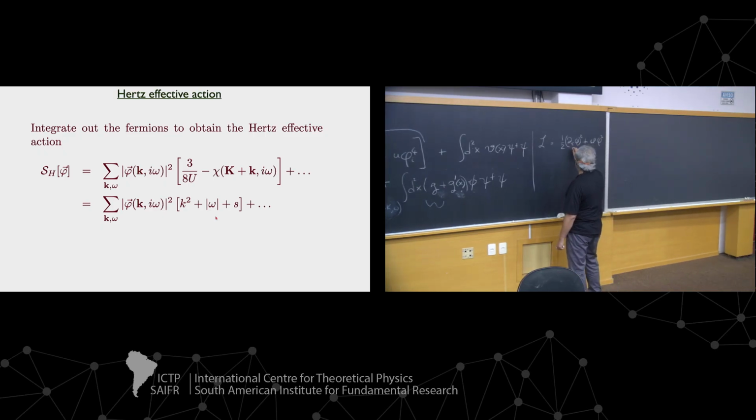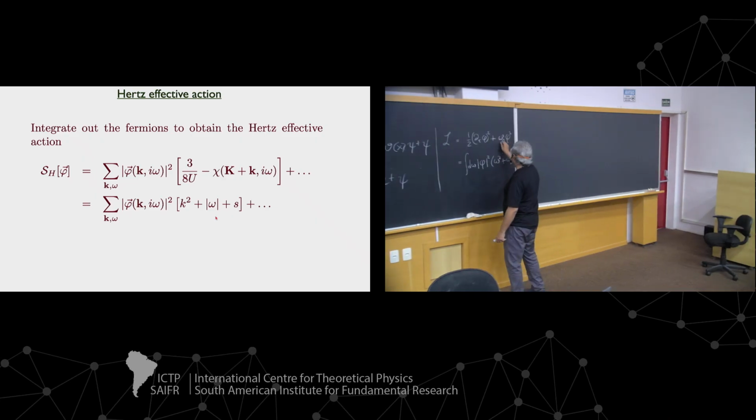And now if I write it in imaginary frequency space, this is the integral d omega |phi| squared times omega squared plus omega naught squared. So this is just the world's simplest harmonic oscillator.